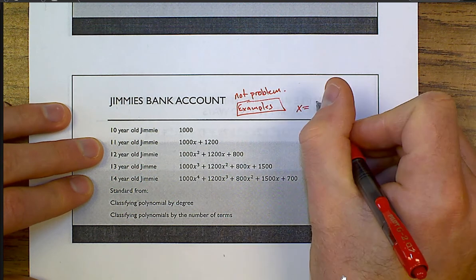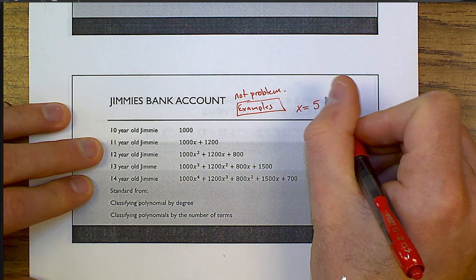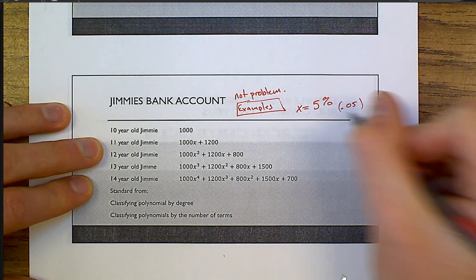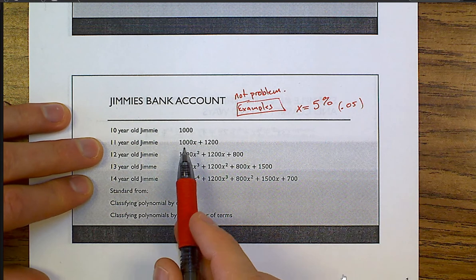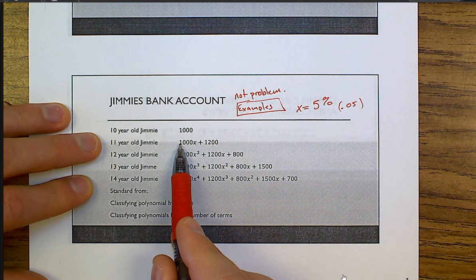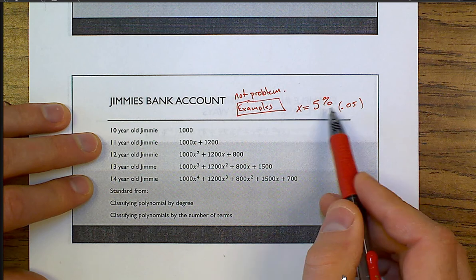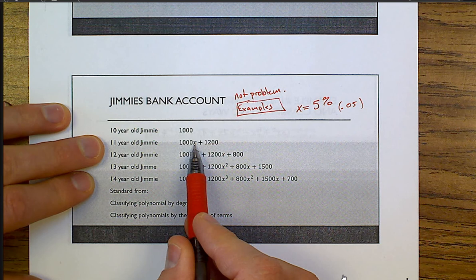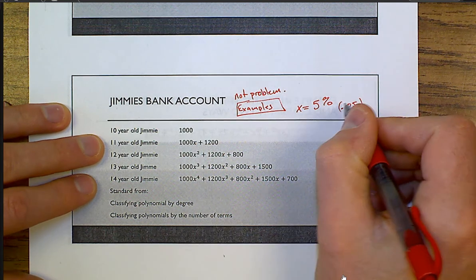So let's just say it's in a savings account making 5%, so like 0.05. Again, I'm not actually doing any math. This is just an example. All right? And so whatever X is, and again, I'm just making something up, 5%, that $1,000 he didn't touch gets multiplied by the 0.05, okay? Actually it'd be 1.05 if I'm multiplying it.